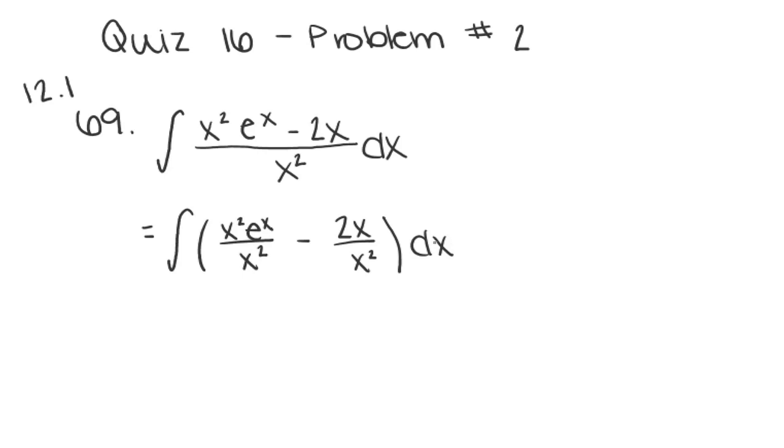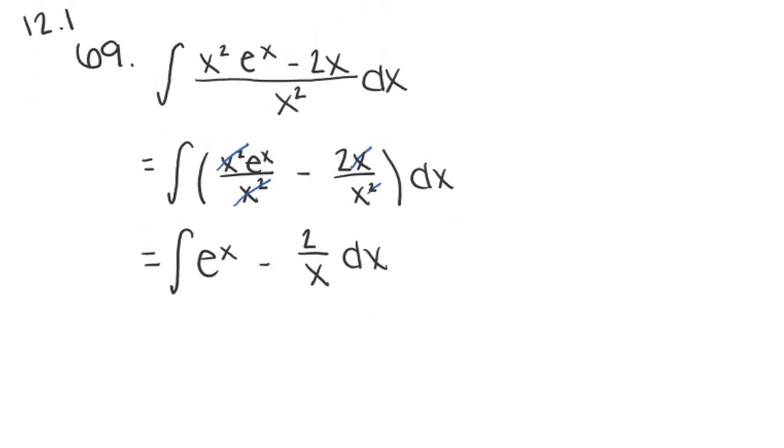Now that we have that, we can see that some things cancel out, which is pretty nice. We can cancel the x squareds, and we can cancel these x's. So that gives us the integral of e to the x minus 2 over x dx.